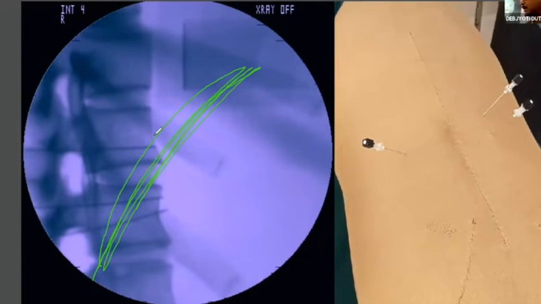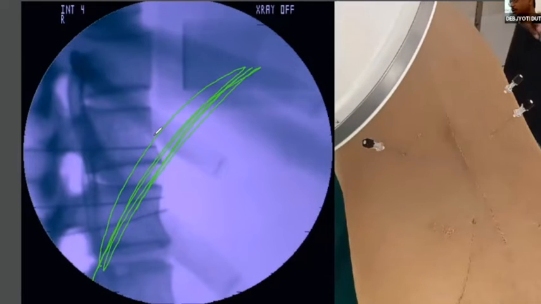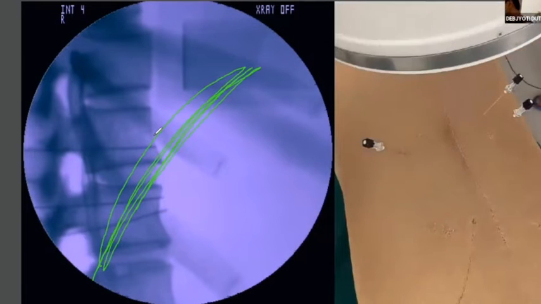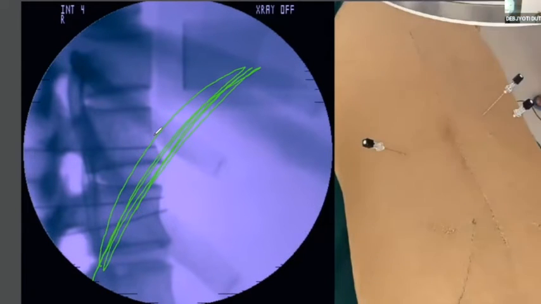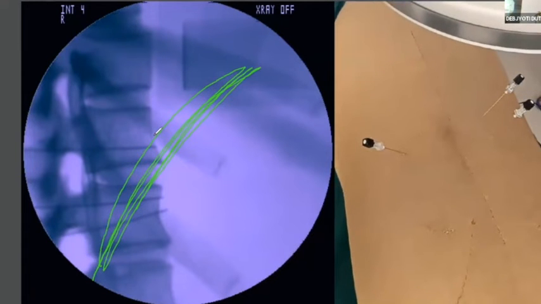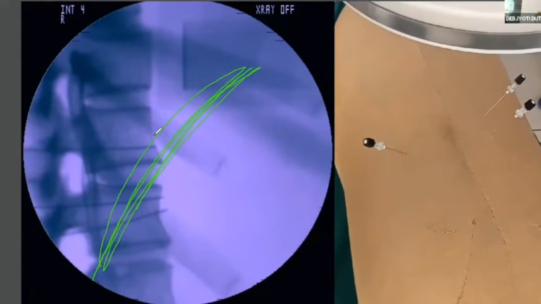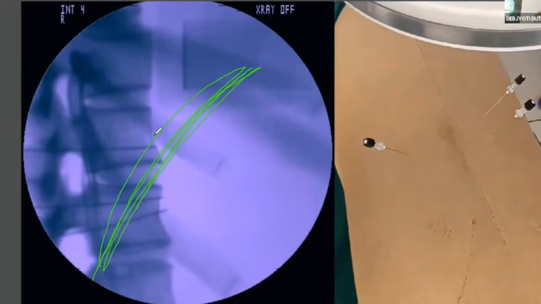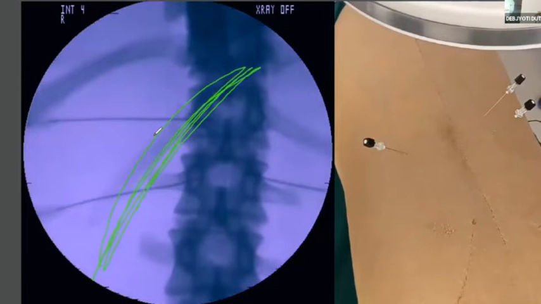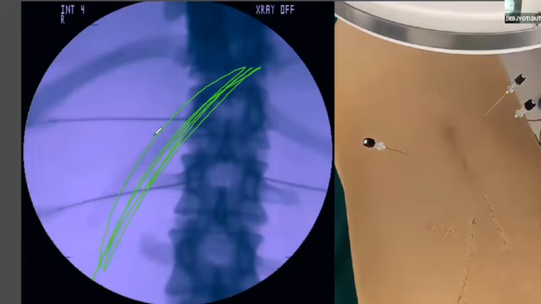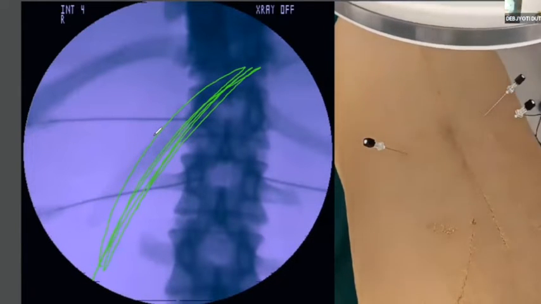I'll be coming to the splanchnic nerve block now. It can be done in the same way, but I'll be showing you the classical approach, how the splanchnic nerve block is recommended to be done. A 10 centimeter needle is okay.